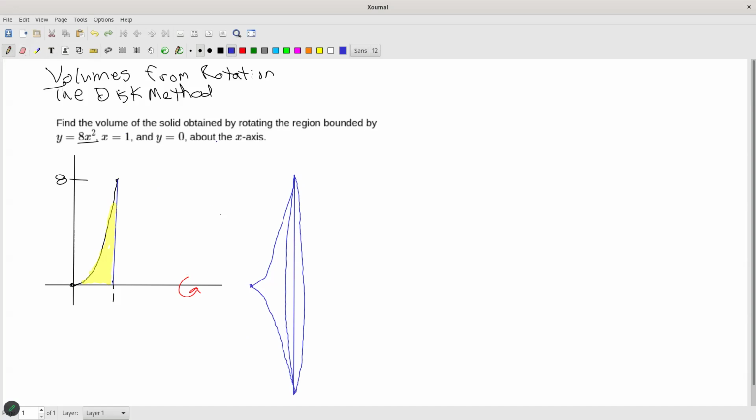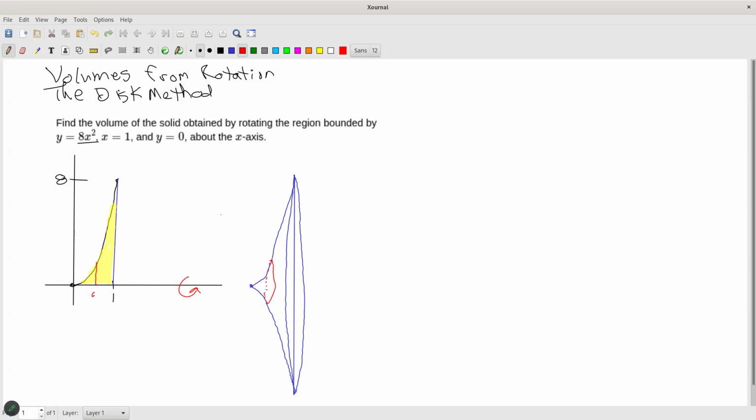All right. Now, when I do that, I'm going to have a slice. So imagine a circular slice of this. It's going to be a circle. So there's a bunch of circular slices, and I need to know the volume of those slices. So they have this little thickness.